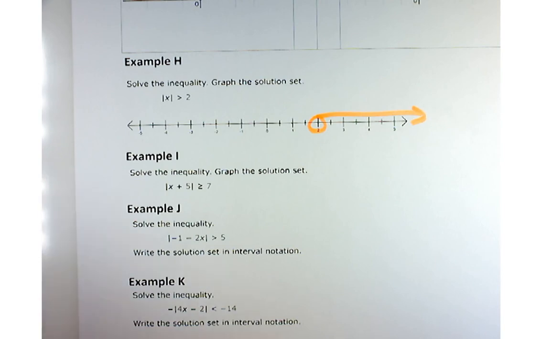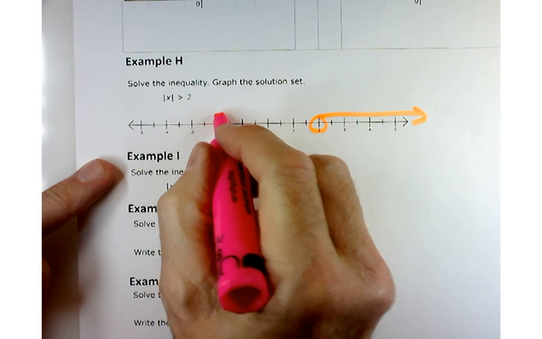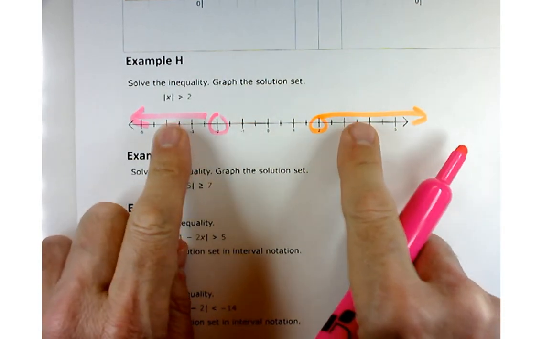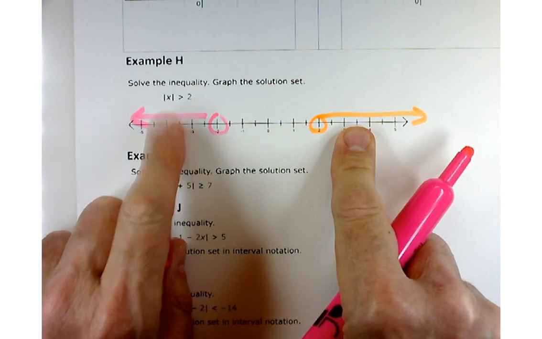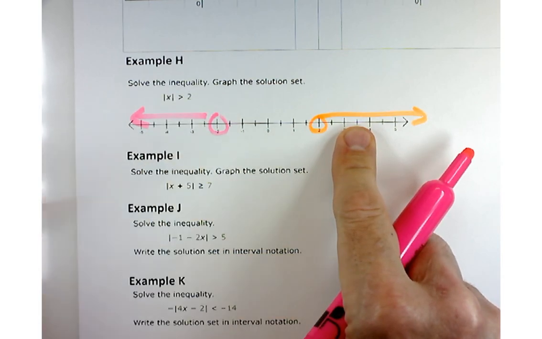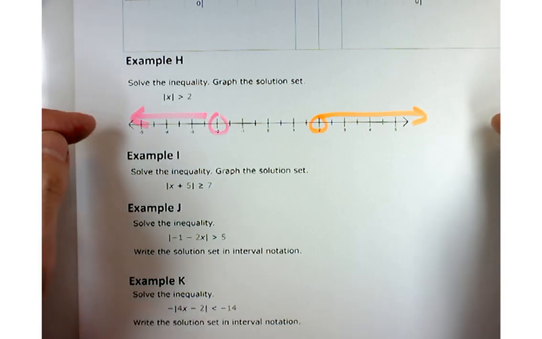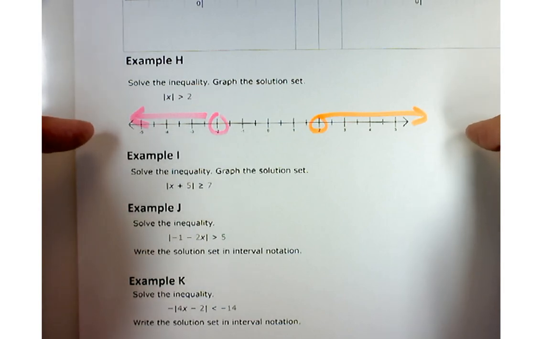Or you could also find those values to the left of negative 2. Either way, when you take the absolute value of a number in this range, it's going to be bigger than 2. So once again, you get two intervals that face away from each other. That's what you should expect when you're working on these problems, and it's a good double check of your work that you do get something like this.